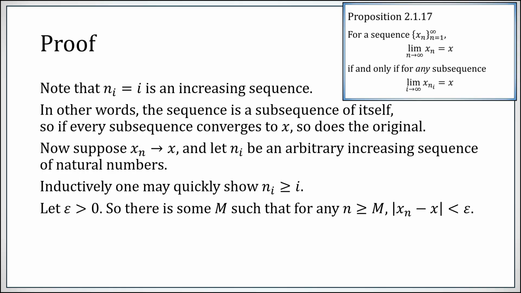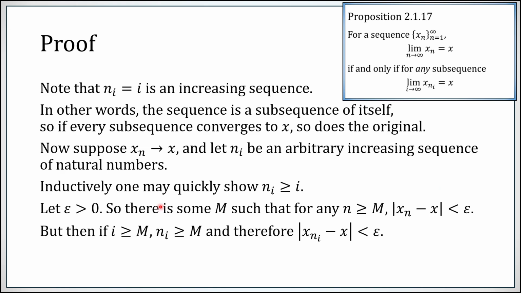So now, let epsilon be positive. The original sequence was assumed to converge to x, so there is a cutoff point m past which every term of the sequence is within epsilon distance of that limit x. But what does that tell me about the subsequence? Well, if I look at an index i past the same cutoff, n sub i is at least as big as i, which is at least as big as m, so n sub i is at least as big as m.